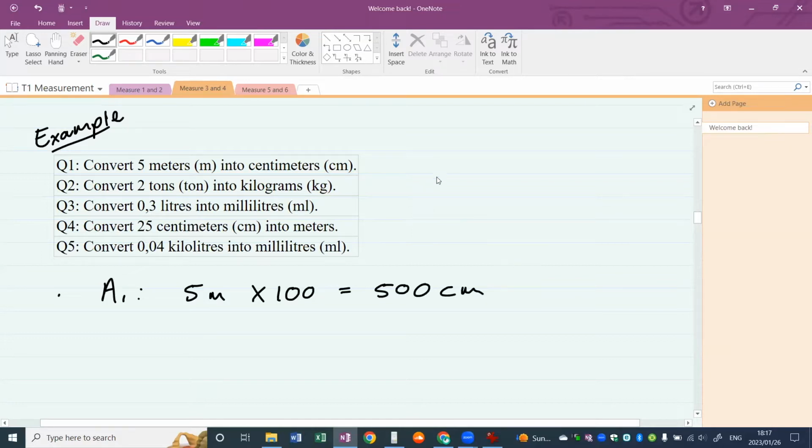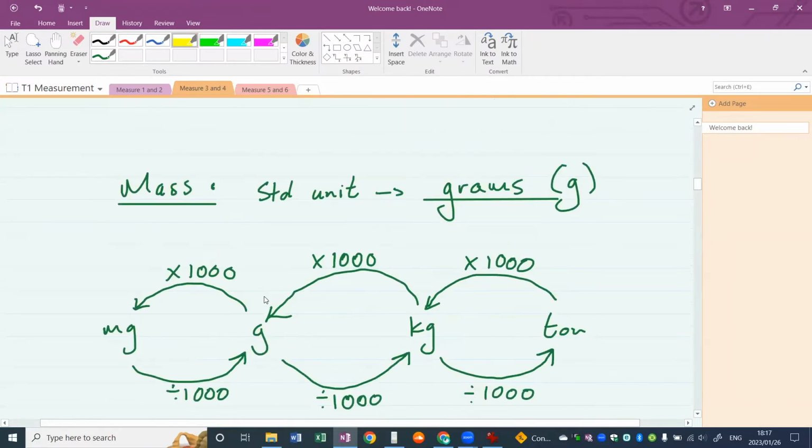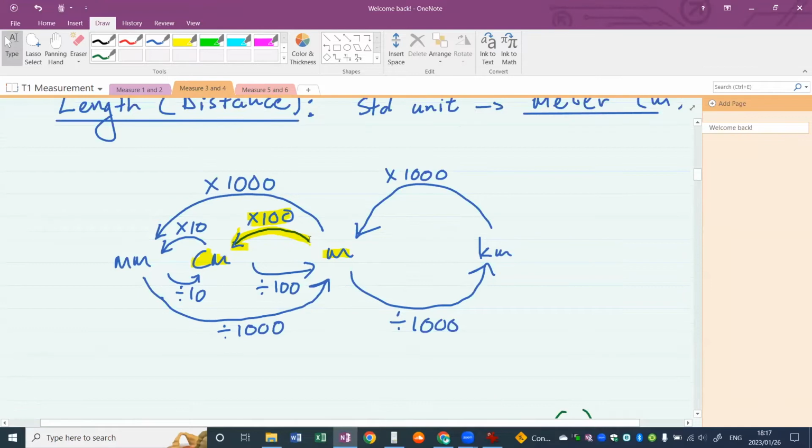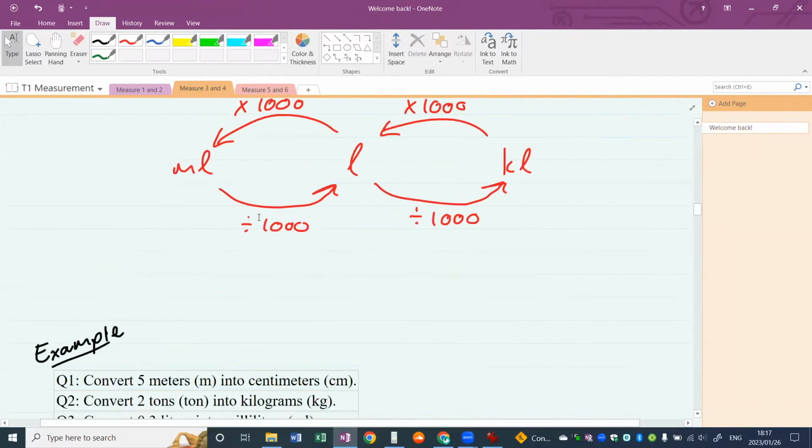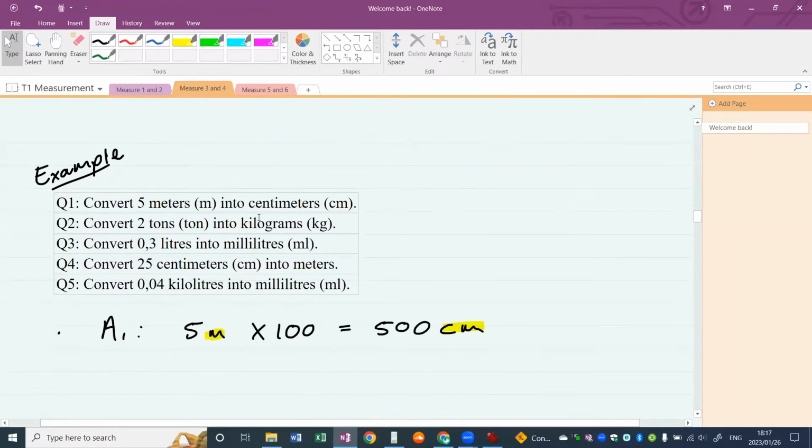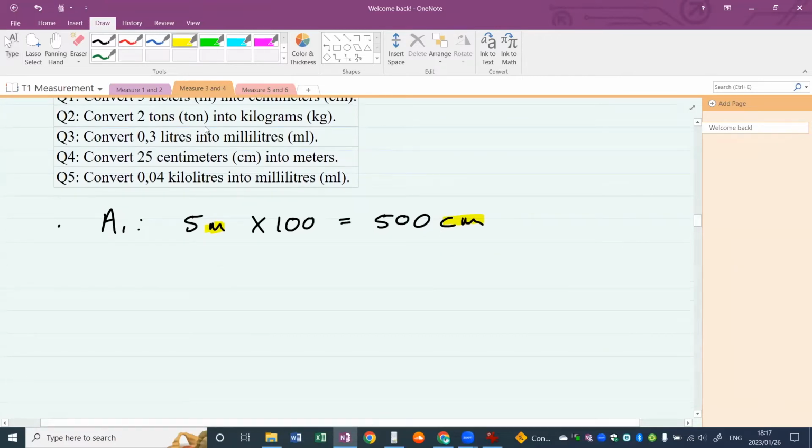And it's as easy as that. Okay, so we were going from meters to centimeters, from the bigger unit down to a smaller unit, and like the diagram said, when we do that, we have to times by 100. So all I did was say times by 100, and that gives us 500 centimeters.